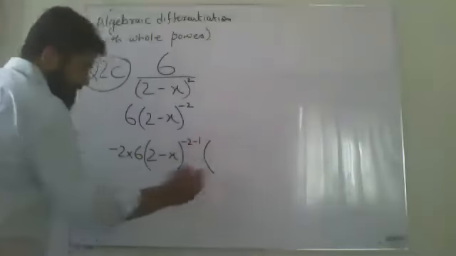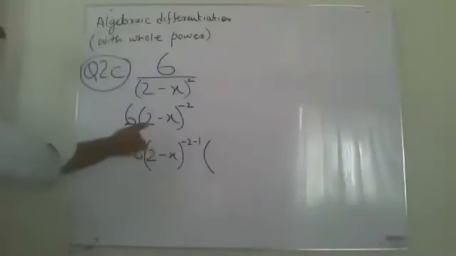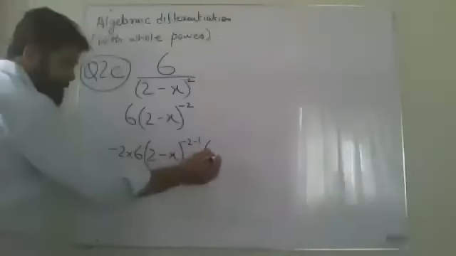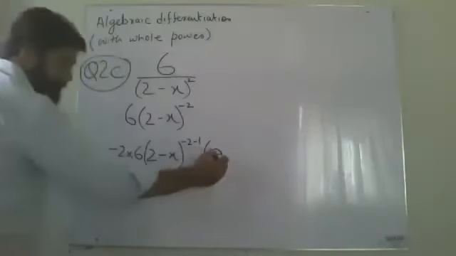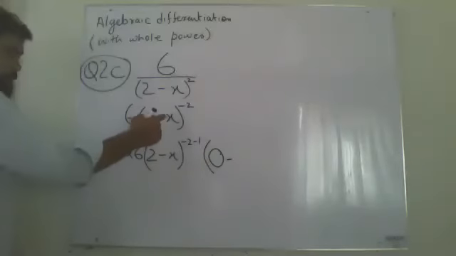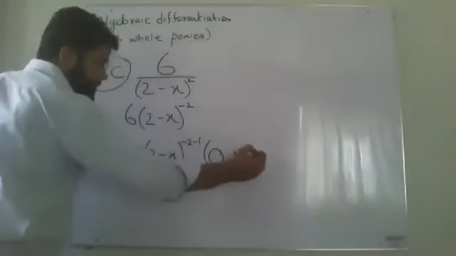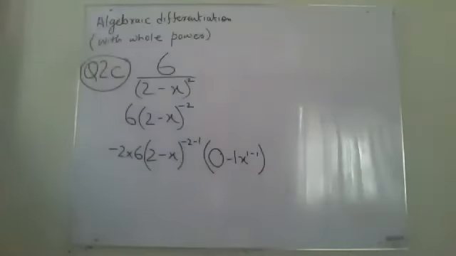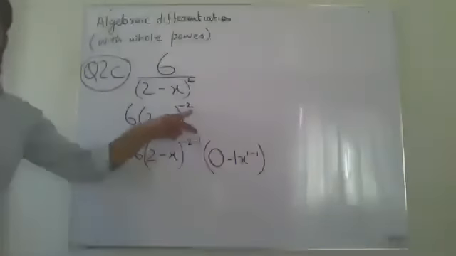After this, now I am differentiating whatever is inside the bracket. So 2, that is a constant, will become 0, and minus x, the power of x is 1, so minus 1 x to the power 1 minus 1. When you are solving this bracket, you will forget about the power.